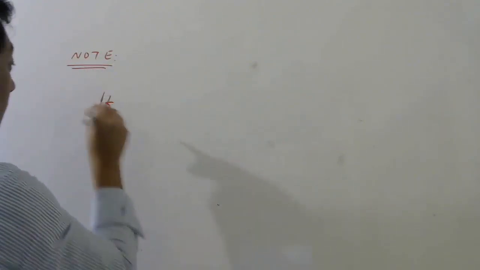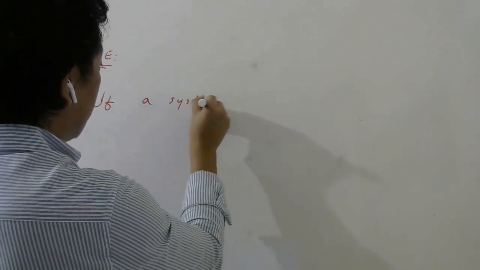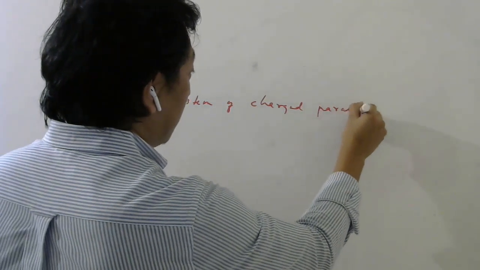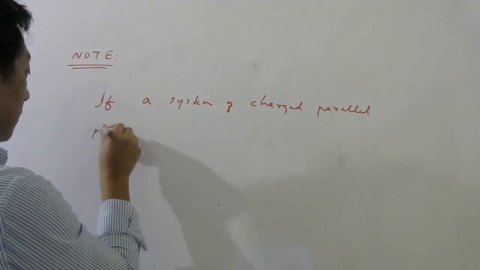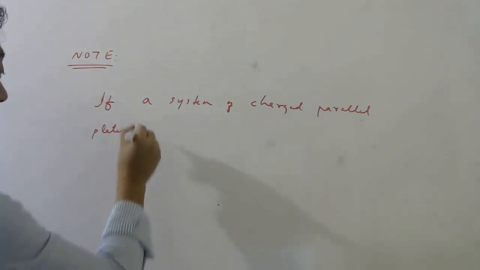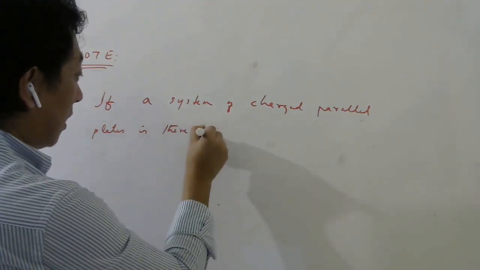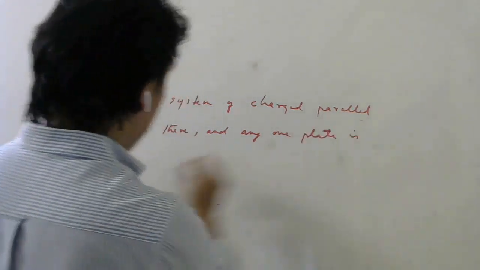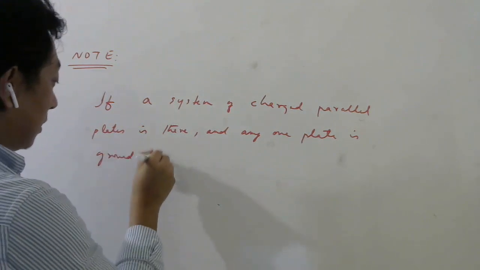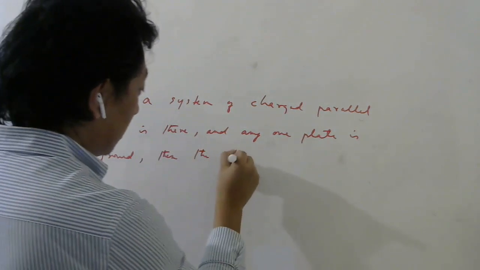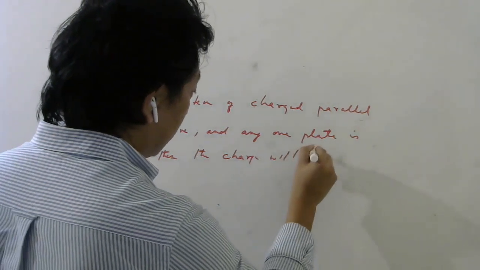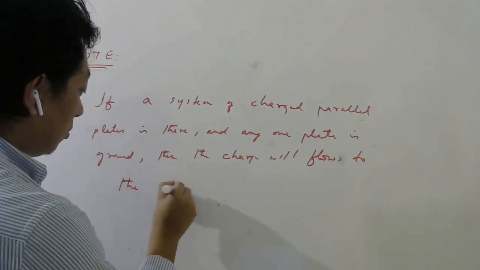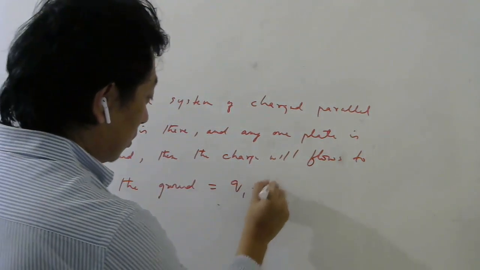Okay. If a system of charged parallel plates is there and any one plate is grounded, then the charge which flows to the ground will be equal to total charge.